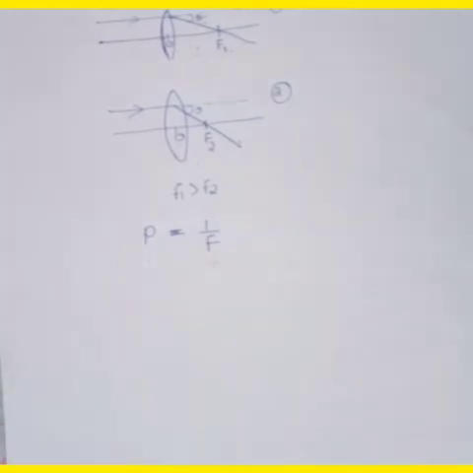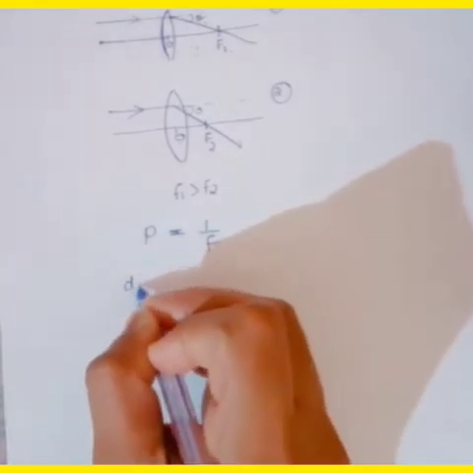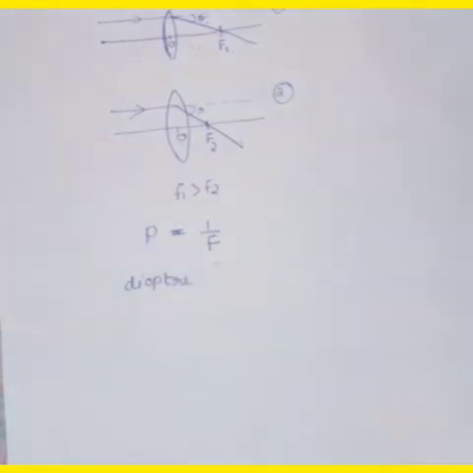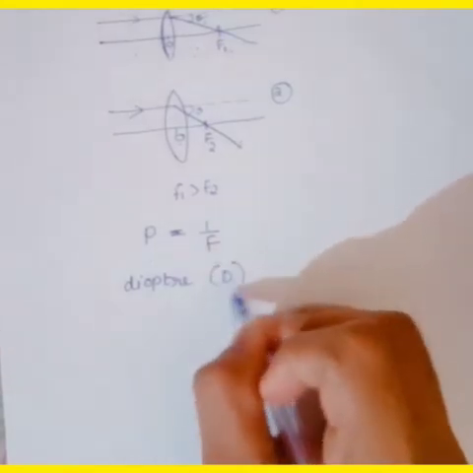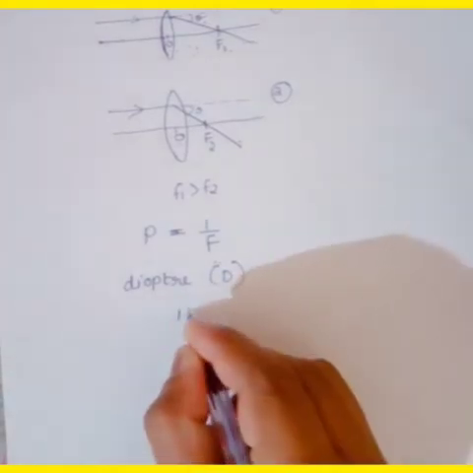Okay. The next one, the SI unit of power of a lens is what? The SI unit of power of a lens is the diopter, D-I-O-P-T-R-E. It is denoted by the capital letter D. Okay, then how can we define one diopter?